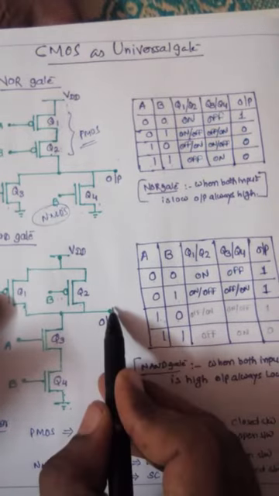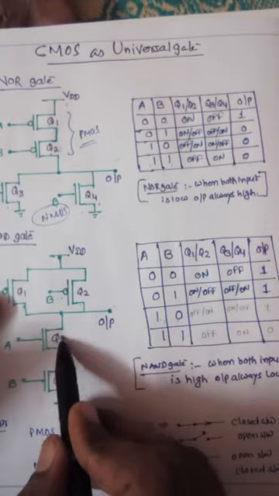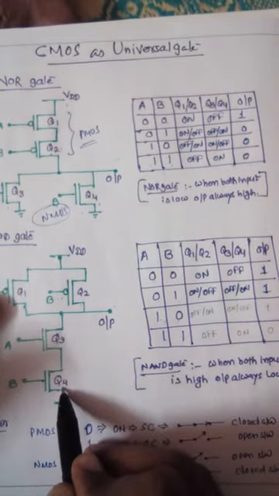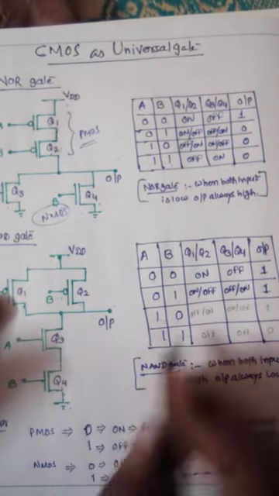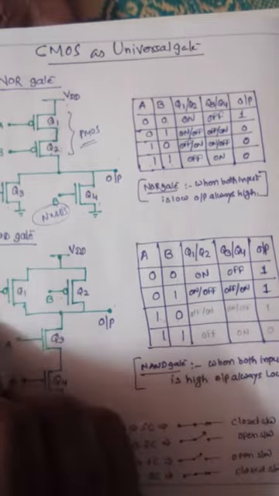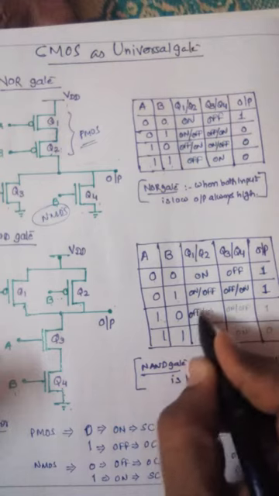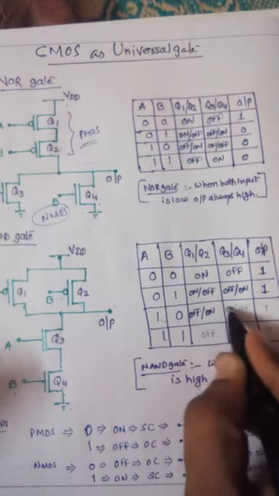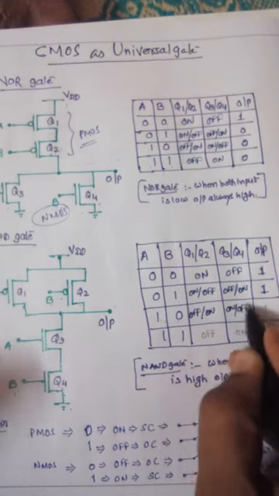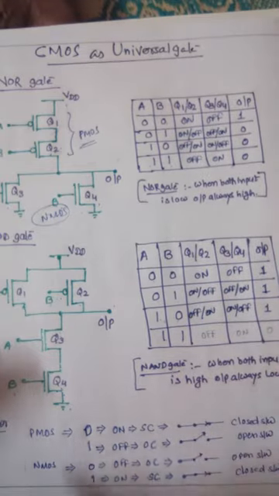The output is 0 only when both are on, and at that time only the output will be 1. Now 1 and 0. At that time Q1 is off, Q2 is on, and so on. In the same way output is 1.